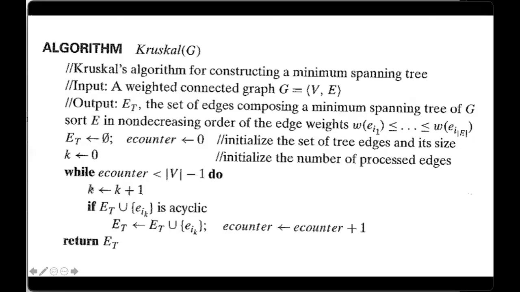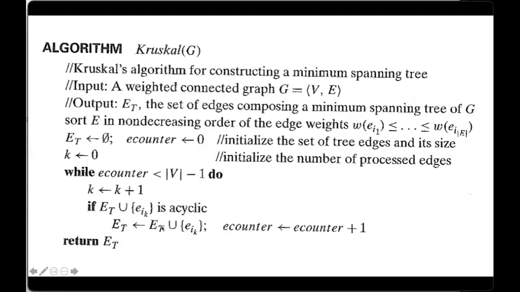In the first iteration, k is equal to k plus 1. Consider the first edge in the edge set, which we have arranged in increasing order. You add it to ET only if the resultant graph is acyclic.